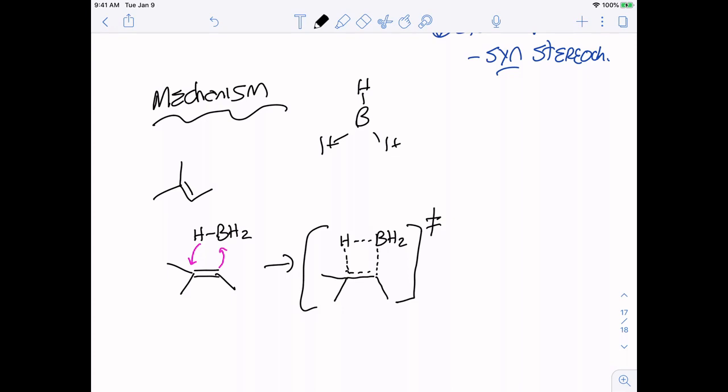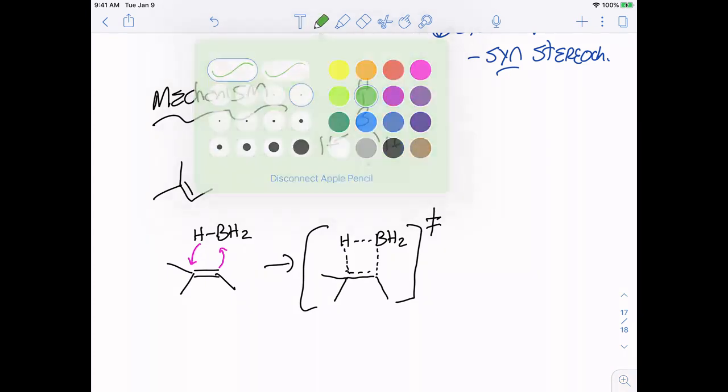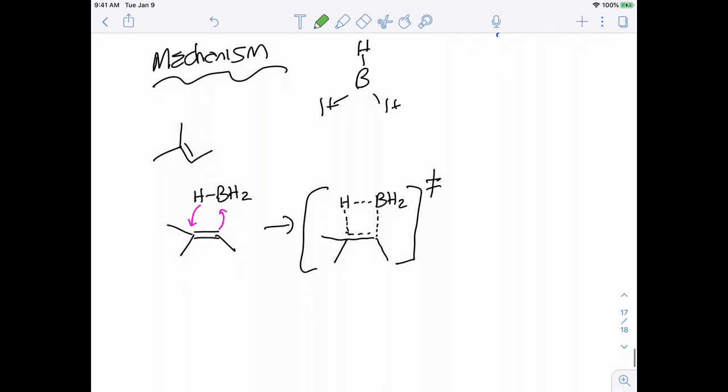The other thing you want to notice is that the boron is on the less substituted side, the hydrogen's on the more substituted side. Hydrogen's smaller, so it's easier for it to add there. Because those are happening at the same time, it has to be syn. Syn, remember, means they're on the same side. Because I'm forming both of those bonds, the bond between carbon and boron and the bond between carbon and hydrogen, at the same time, they're on the same side because they're attached to each other when they're forming.